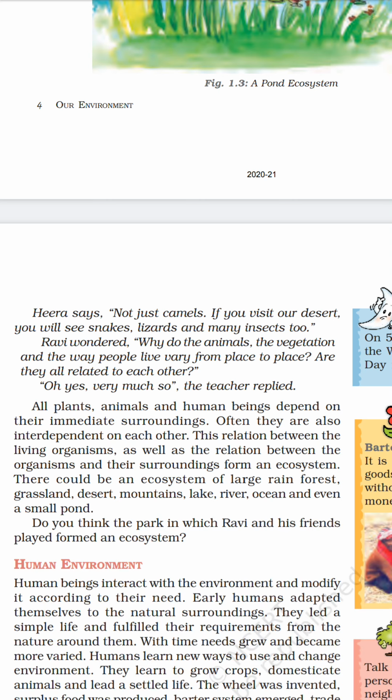So we can see different forms of ecosystem. In each of these areas, some unique species live with the surrounding aspects.